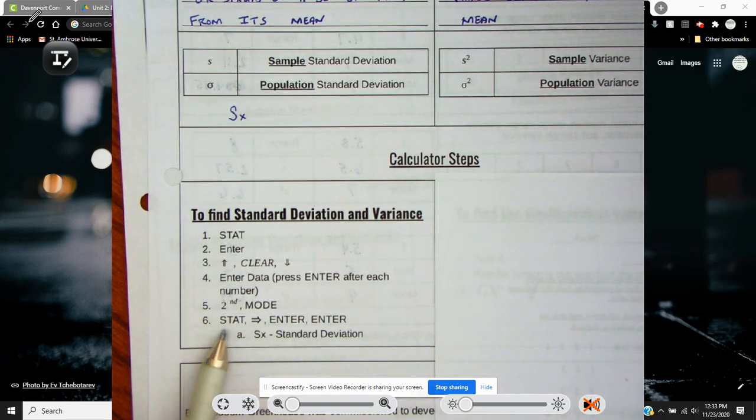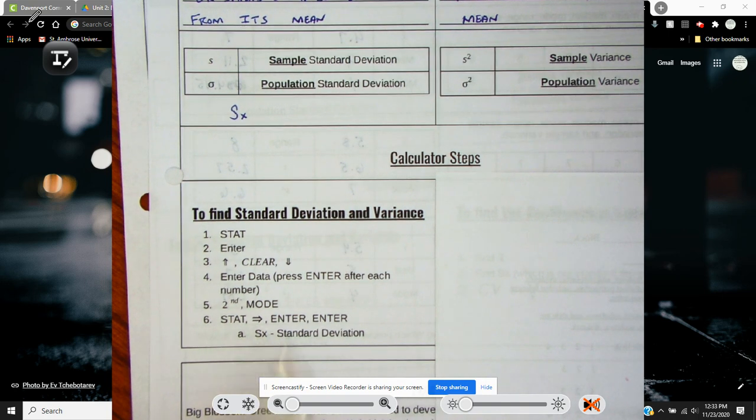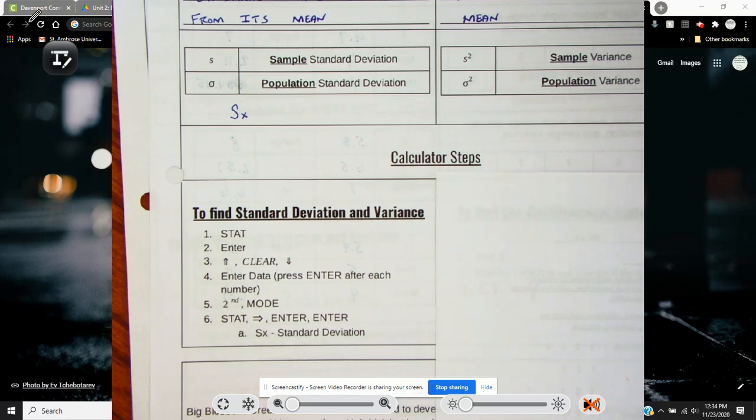Go to Stat, over, hit Enter, and then go down to Calculate and hit Enter. These are the same steps we did last time for mean, median, mode, range. But this time you're going to notice the SX, which is standard deviation. That's an additional number that we're going to look at.